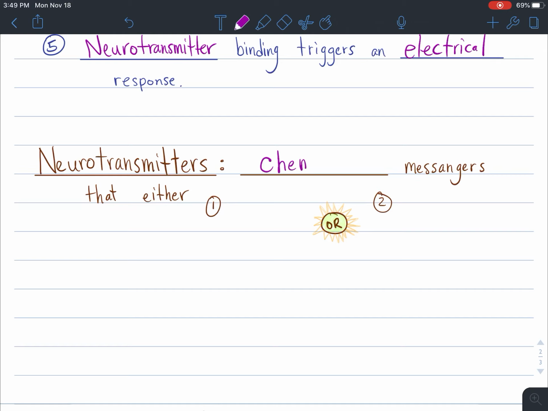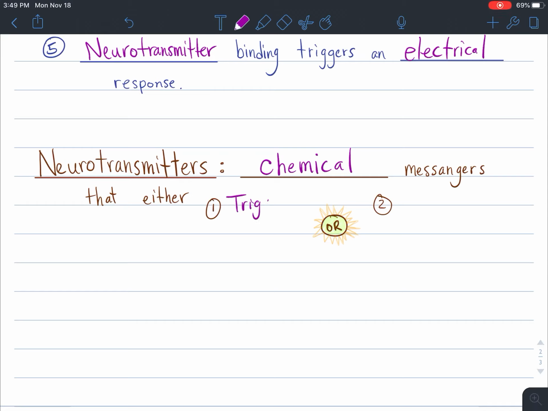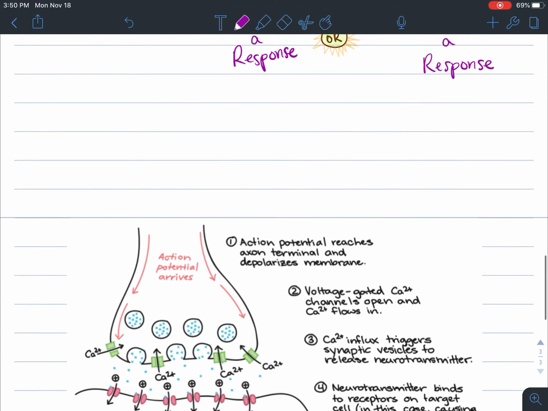Those are basically our chemical messengers. So electricity gets converted into this chemical messenger called a neurotransmitter, and they will do one of two things. They will either trigger a response, or they will prevent a response. All right, so neurotransmitters are what cause us to respond or prevent us from responding.